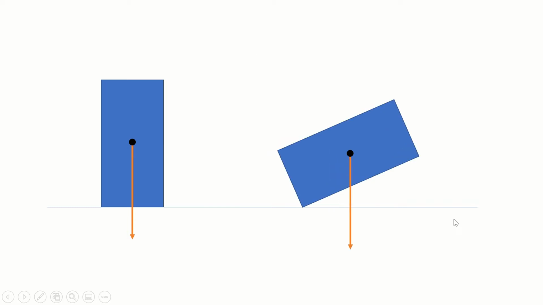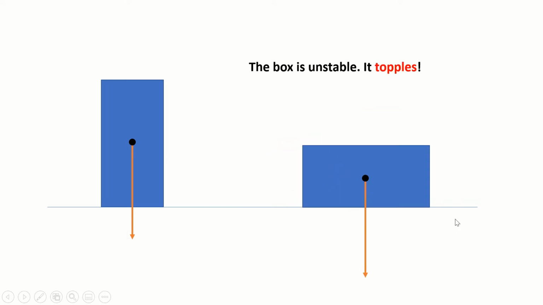Because it's on the right, it causes a clockwise movement this time and causes the box to fall flat in a horizontal position, which is different from the original position. So now I say the box has toppled. If the box has toppled, then it is unstable.